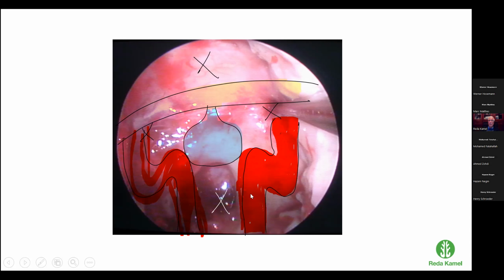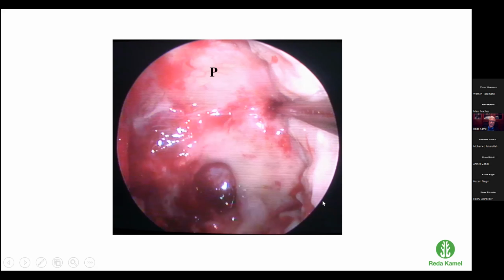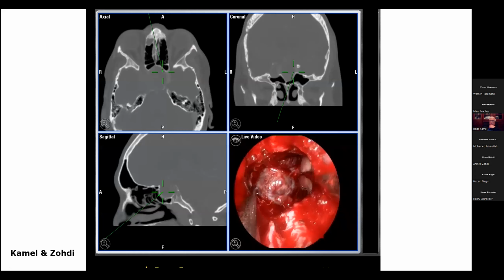And then the third nerve, the fourth, and the sixth, and then the Vidian and V2. I just want the planum, sella, clivus, the chiasm, optic nerve right, optic nerve left, and then the internal carotid artery, and the OCR in between.